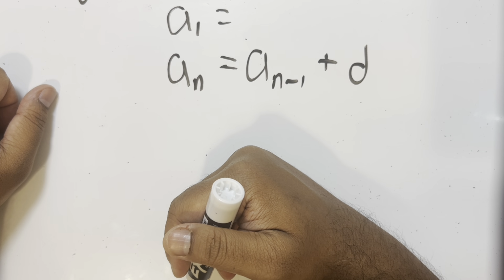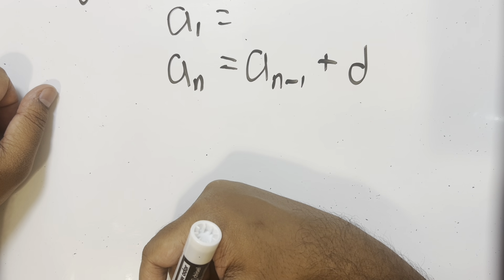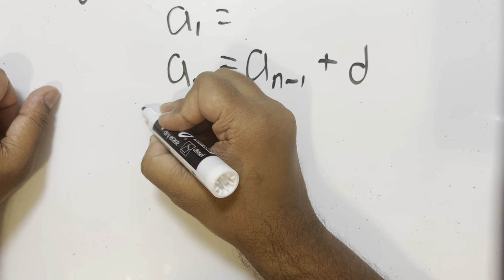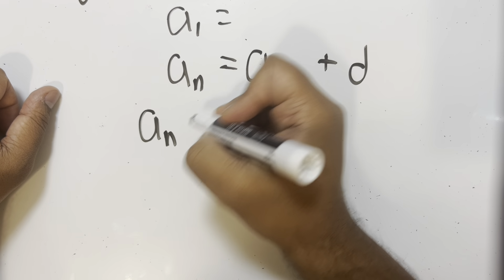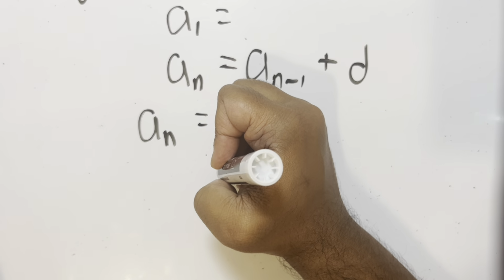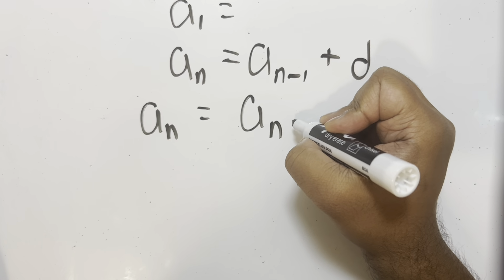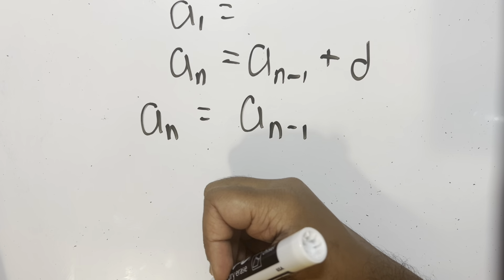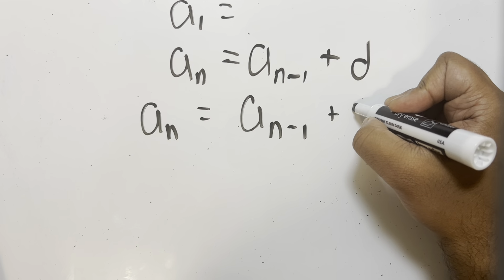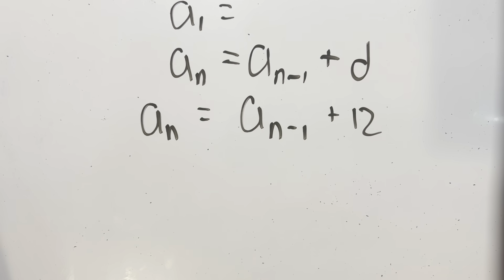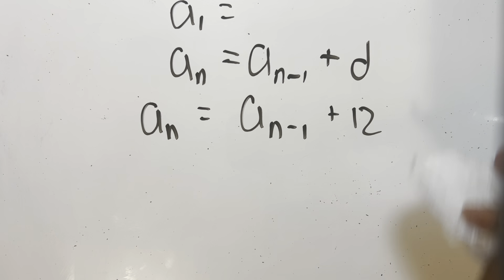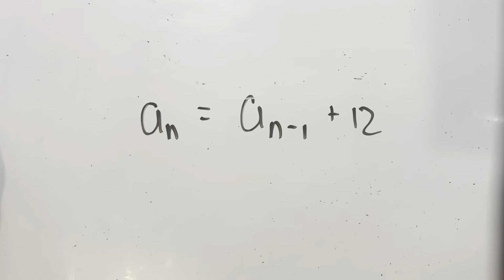All right, so all I'm going to do in here is plug in. I'm going to say A of n equals A of n minus 1. This could stand for anything. And what's our common difference for this problem? It is 12. One thing I add to complete the recursive formula, remember I also have to add A of 1 somewhere.